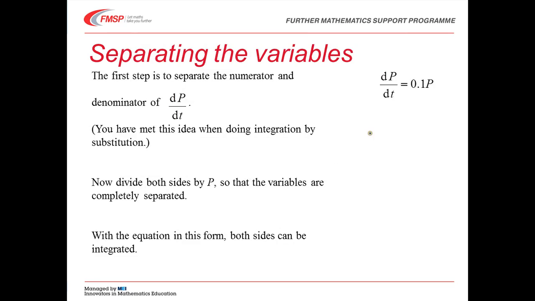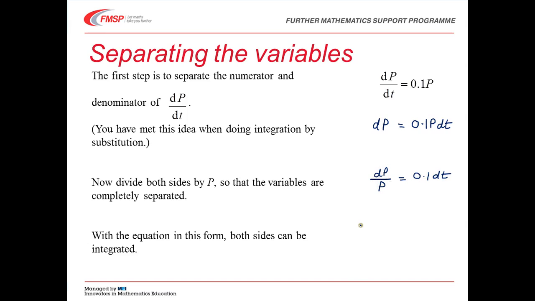First of all, we need to separate out the two parts of dp by dt, pretending that it's a fraction, which of course we know it isn't. But often we can treat it like one. So this feels as if I'm multiplying both sides by dt. Then I need to make sure that I've only got p on the left-hand side with the dp, and I haven't got any t's to move to the other side.